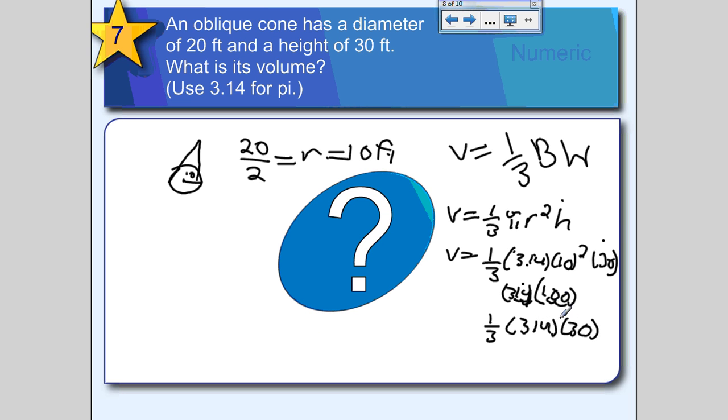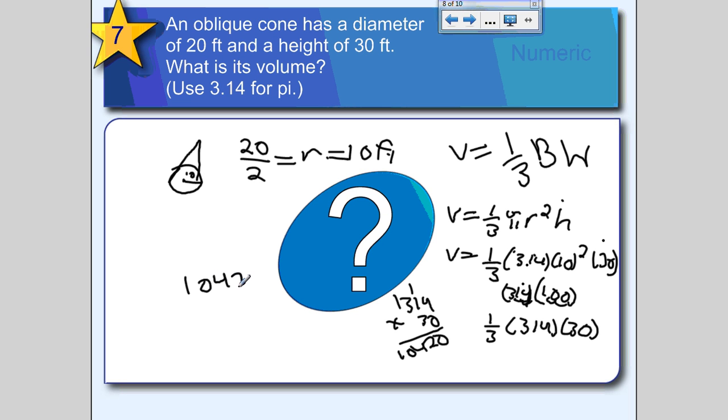So 314 times 30, 314 times 30, 0, 3 times 1 is 3 plus 1 is 4, 9, 10. Alright, so we got 10,420.